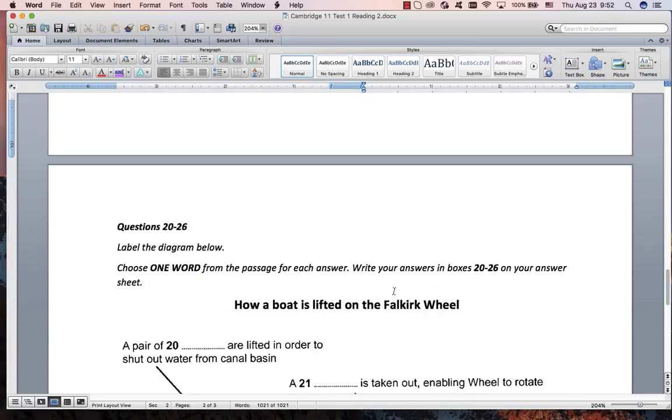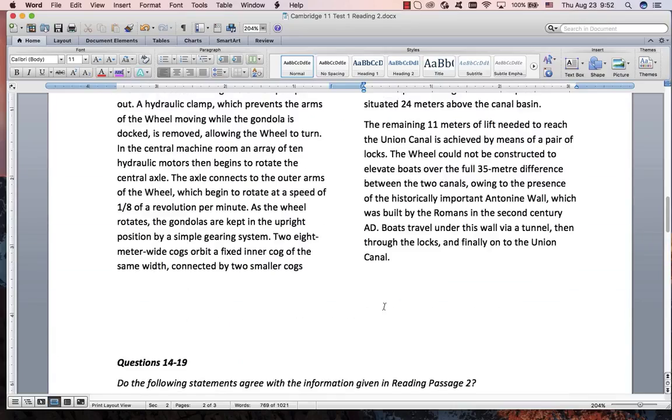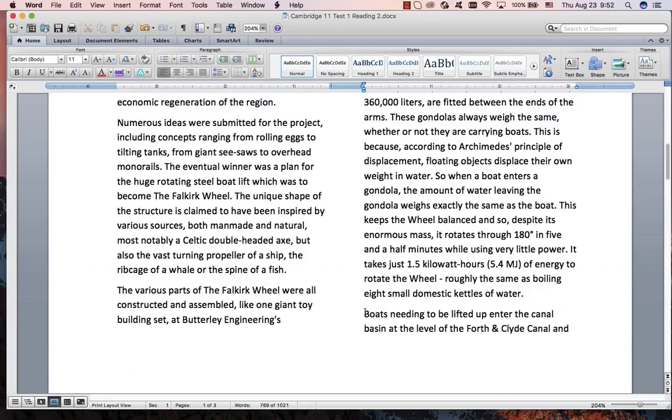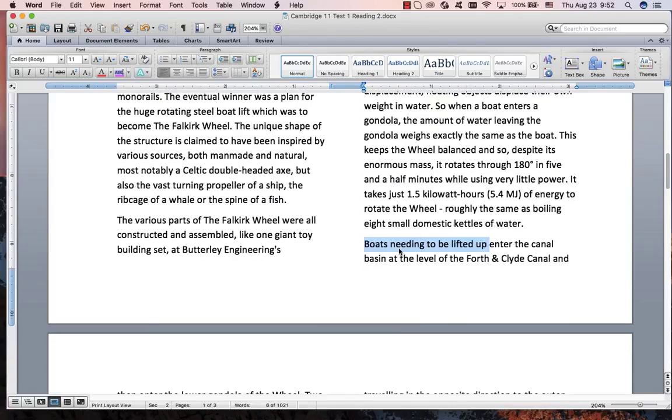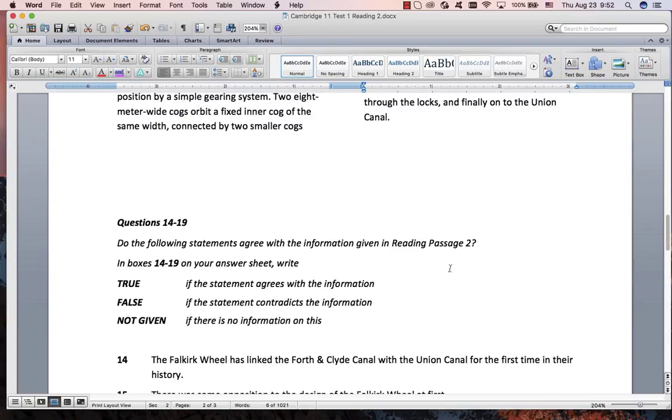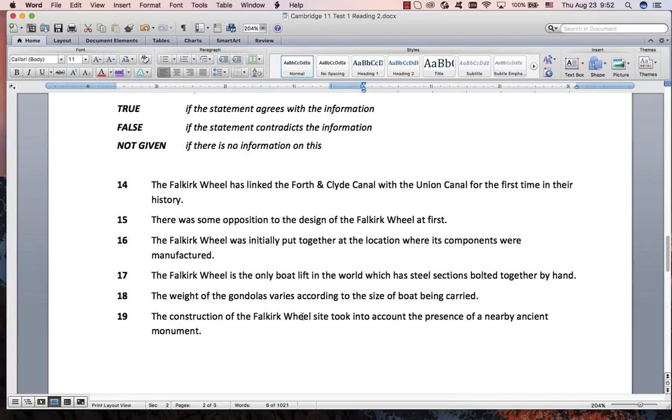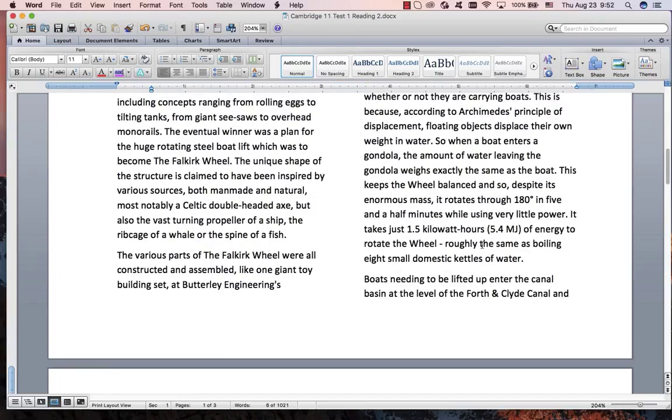So look at the beginnings of the paragraphs and see what you can see. We're looking for how a boat is lifted on the Falkirk wheel, and quite quickly you should be able to see that the boats needing to be lifted up is how a boat is lifted. But let's just make sure. Can you see anything about this? The presence of a nearby ancient monument. So we would be looking for somewhere here. I don't really see it.